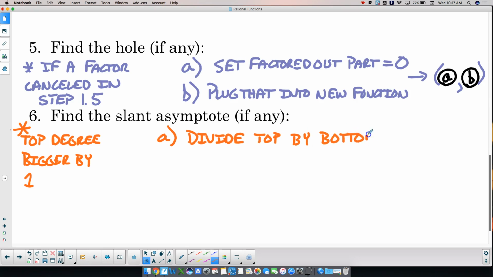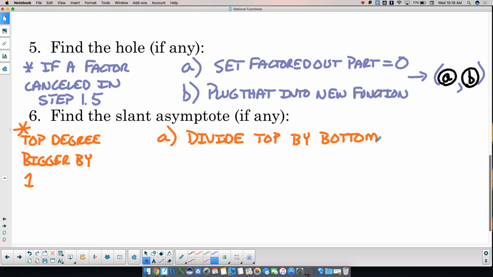How am I going to go about dividing the top by the bottom? Synthetic or long division. Okay?